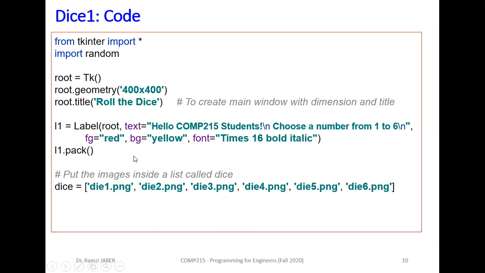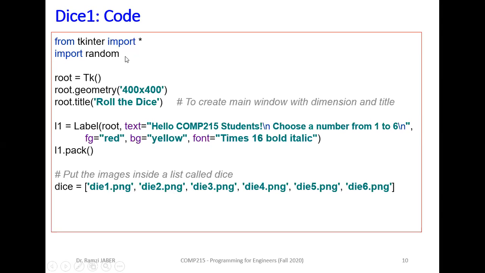So, first step, we must put the images inside a list called dice. Dice equal between brackets die1.png. As you can see, using Tkinter we cannot display .jpeg or other types, unless we call another library, called Pillow, PIL.